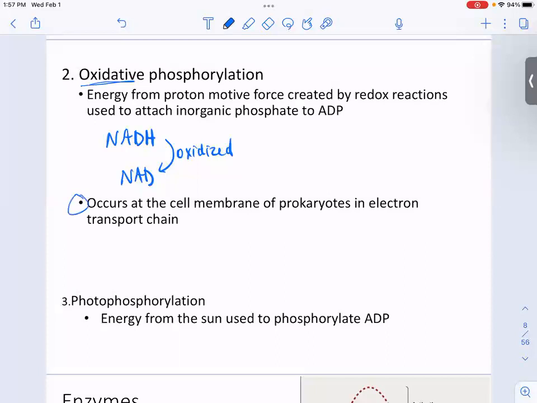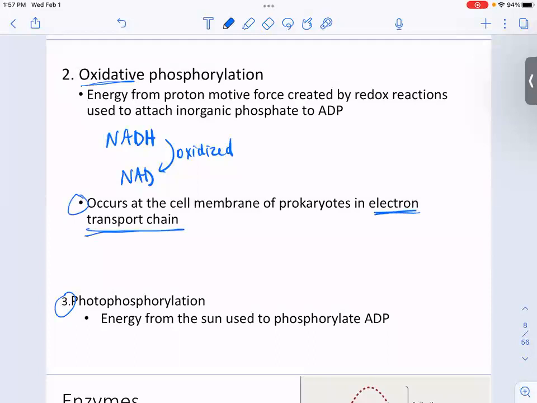And that again is going to occur at the cell membrane of prokaryotes in the electron transport chain. The other way that ADP can become ATP is photophosphorylation that happens with organisms that are photosynthetic.